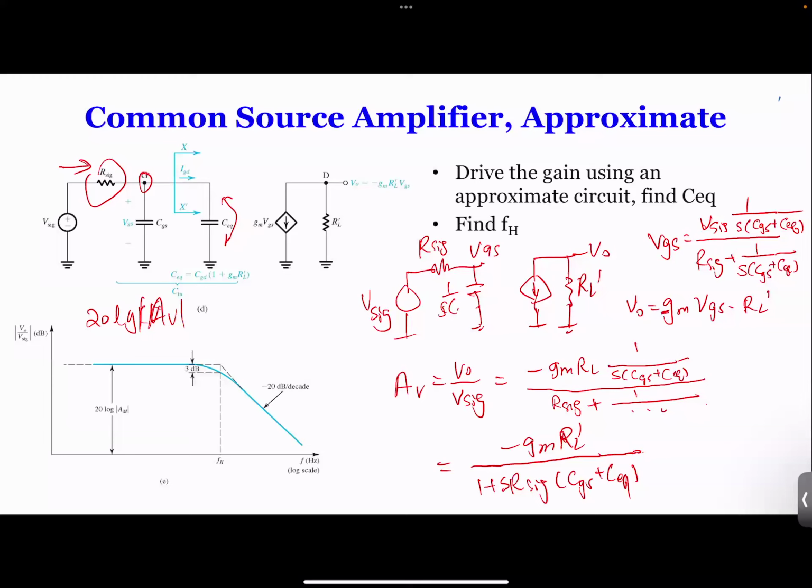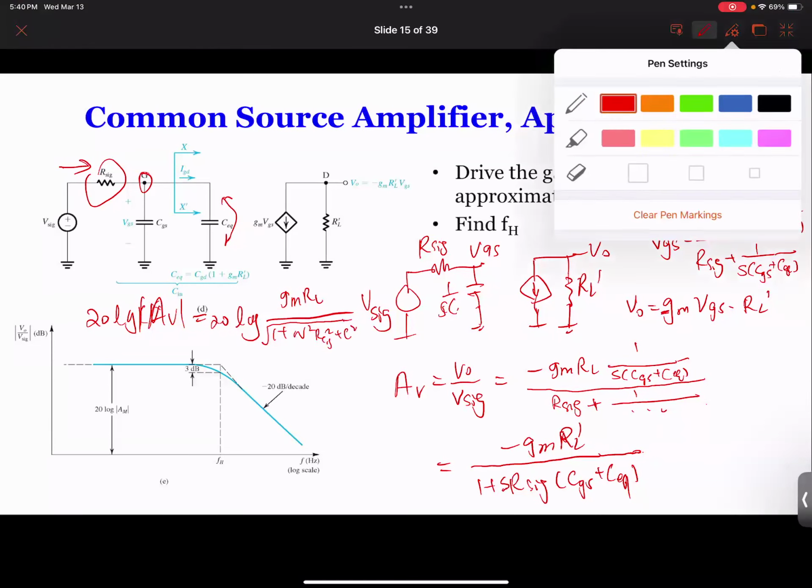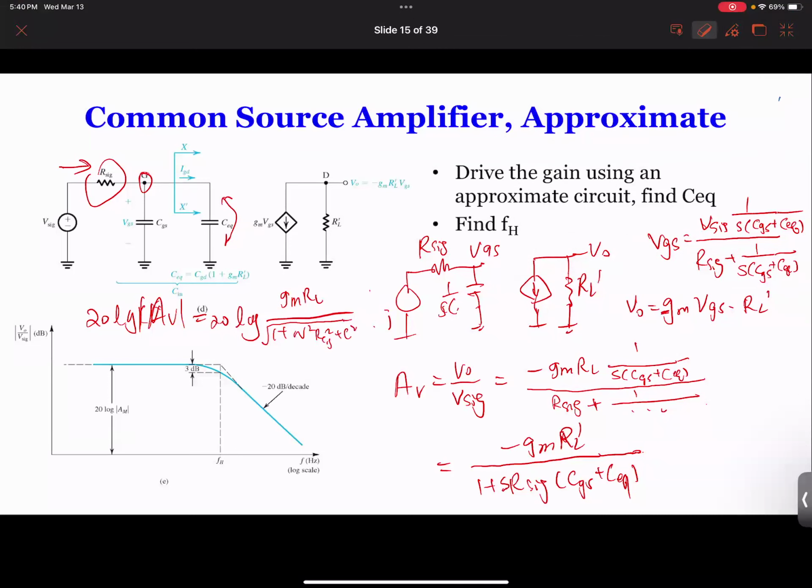So if you take 20 log AV, it is equal to 20 times log, and this number becomes GM times RL prime divided by the square root of 1 plus omega squared RSIG squared times C squared. That C is the total of CEQ plus CGS.